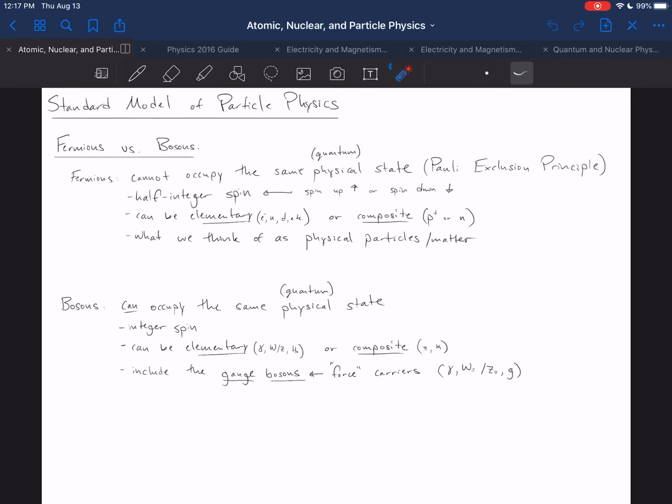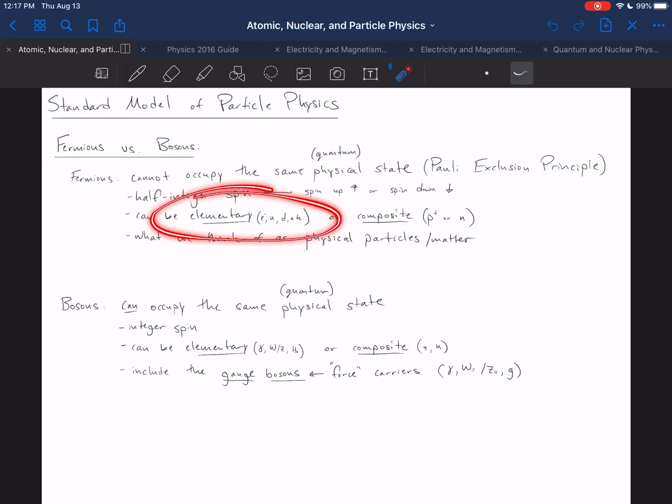So fermions are a certain class of particle. They can be either elementary or what is known as composite. So elementary particles are the most fundamental particles that exist. Composite particles, including particles like the proton or neutron, are actually made up of other particles.